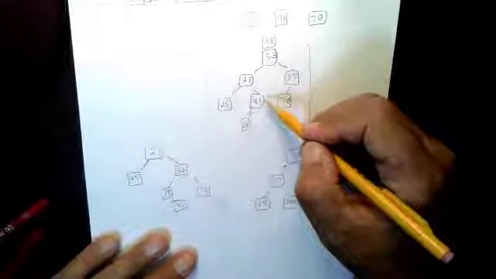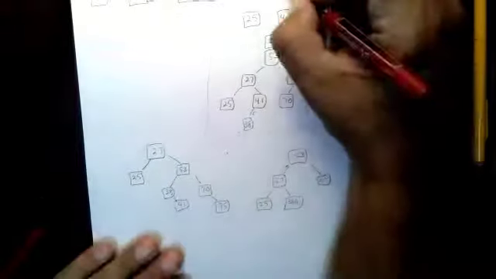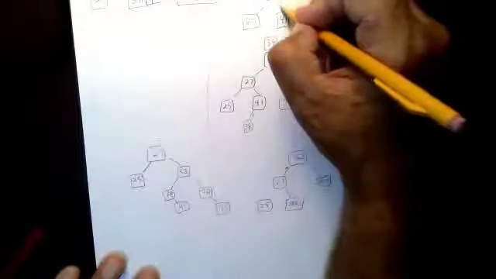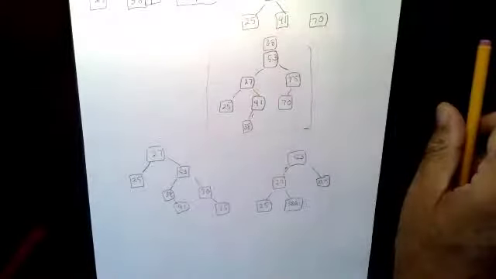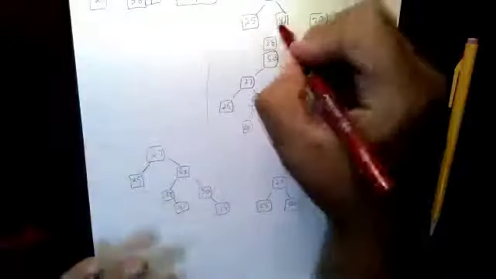But what should now end up is 27 and 53 should be a red. 27 and 25 should be a black. 27 to 38 should be a black. 53 to 75 should be a black. And a red and a red.